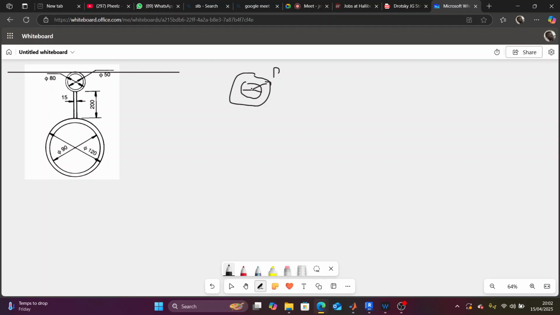Do you see a bigger diameter for the circle outside and a smaller diameter for the circle inside? This type of shape is called an allo. We usually see it in shafts.